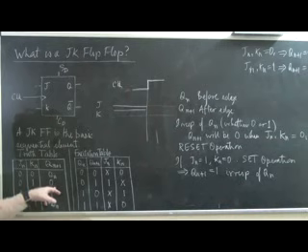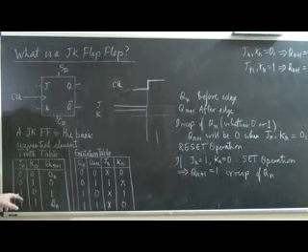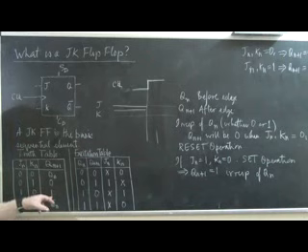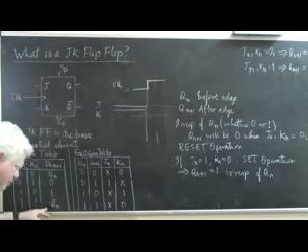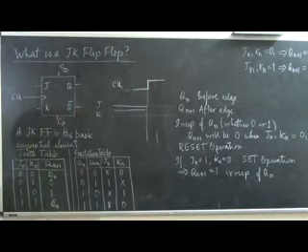So Qn plus 1 becomes 0, irrespective of Qn. It's not a function of Qn. If J is 1 and K is 0, then you have a forced set. It is set to 1, irrespective of Qn. Finally, when both Jn and Kn are 1, then Qn plus 1 becomes the complement of Qn. This is called the truth table.